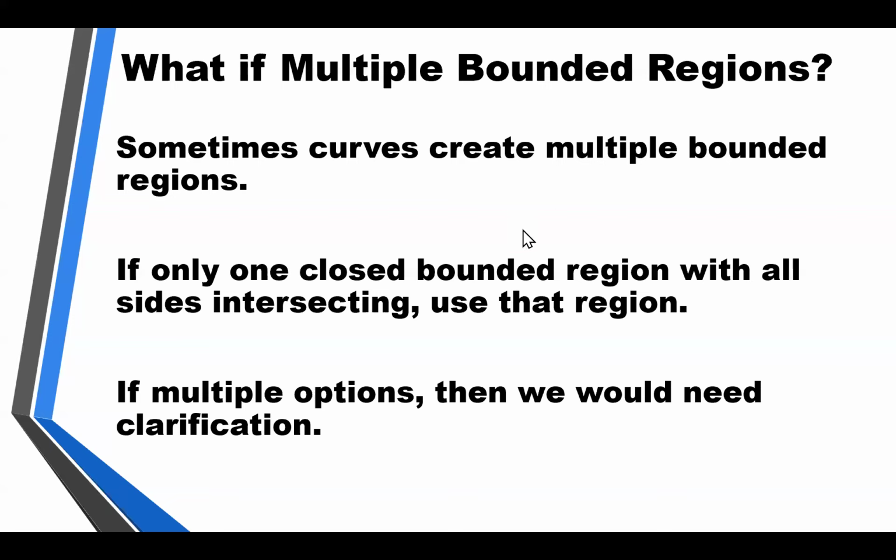We kind of saw this in the last example, but not precisely. In our last example, we had multiple bounded regions, but only one of those regions shared all 3 curves as the perimeter. But there are also times when we create a curve, and even with just 2 curves, we have multiple bounded regions to pick from.